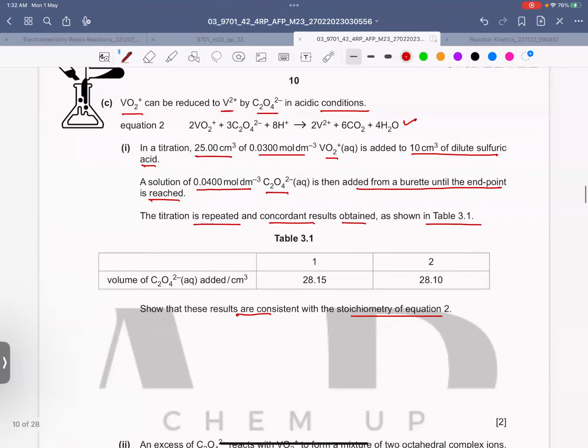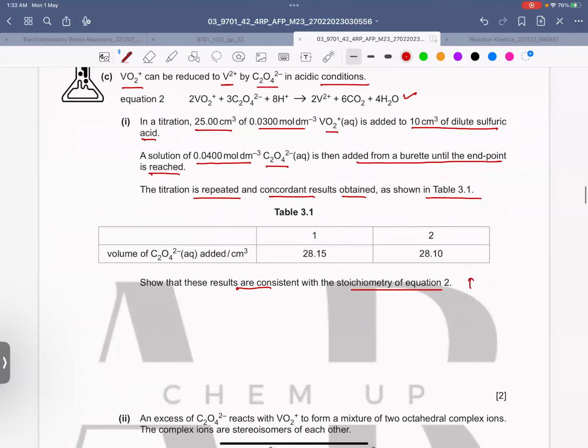So what do we have to prove? We have to prove that for VO2+ and C2O4 2-, the ratio between the moles would be 2:3. First, we take the average volume.